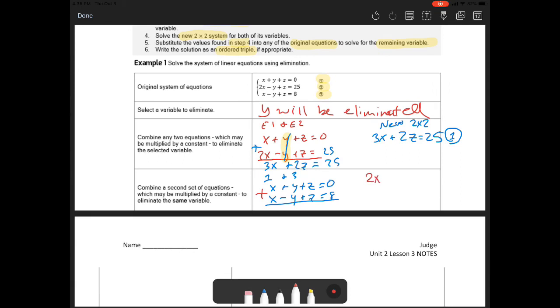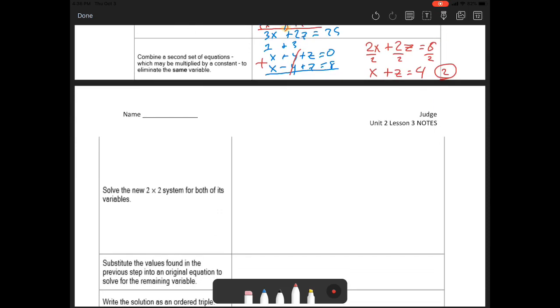I'm going to add them so I can eliminate. So that's going to give me 2x, cancel my y's, plus 2z equals 8. So guys, I am going to simplify this because it can be done. I can divide by 2 all the way across, and I can get x plus z equals 4, just to make my life easier later. And then that's going to be my second equation now.